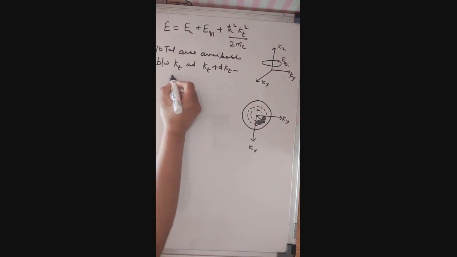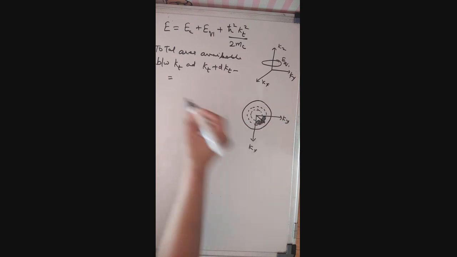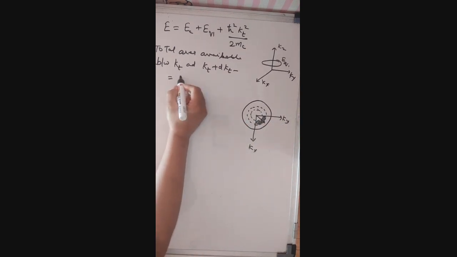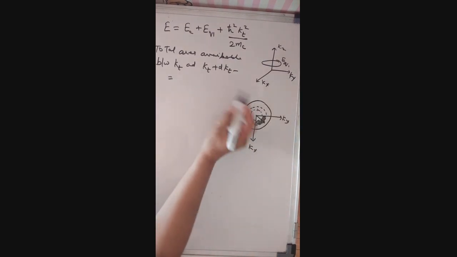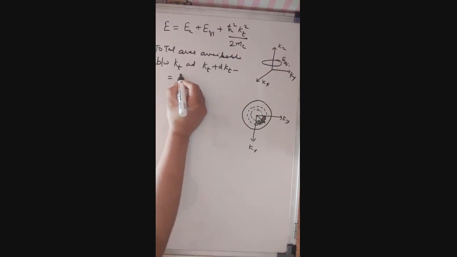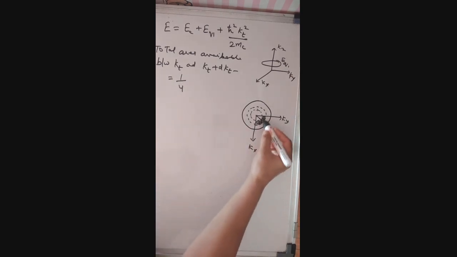So we can write the area as follows. This is the quadrant of this disk, because it has x and y direction. So the quadrant of this disk is 1/4, and now what will be the area of the disk?